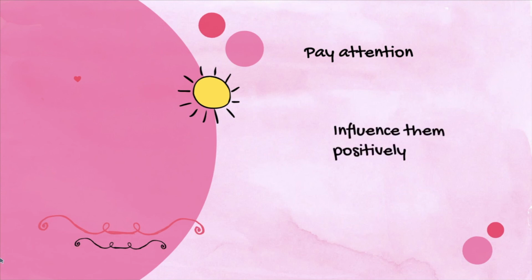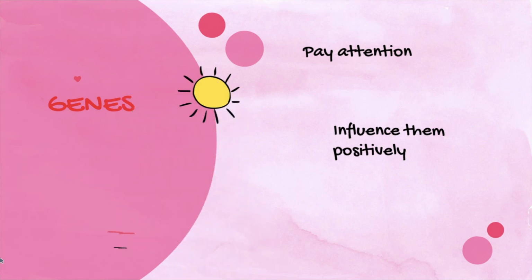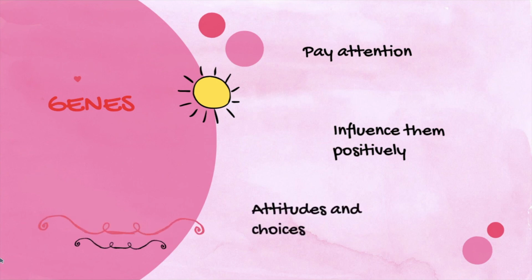And if we are, maybe we should pay more attention to the things that we model for our kids, so that we can influence them in a positive way. There is not much that we can do with the genes that we pass on, but we can pay more attention to our attitudes and our choices so that they influence positively the new generations.